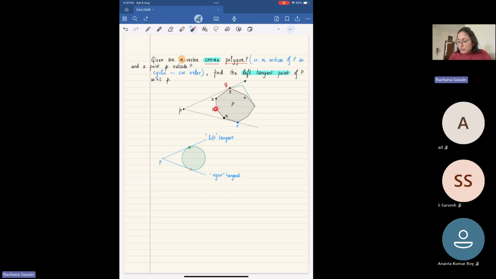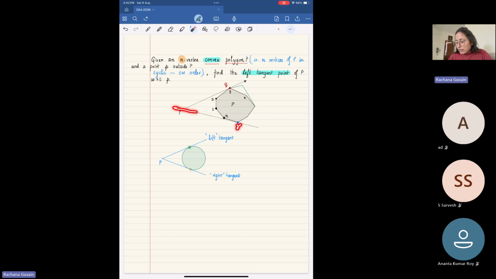Take any other point, take this point 1. Look at its neighbors. Now consider this line P1. One point is in the left half, another is in the right half. Take any point, P2. This point is in the left half, this is in the right half. P4: this is in the left half, this is in the right half.